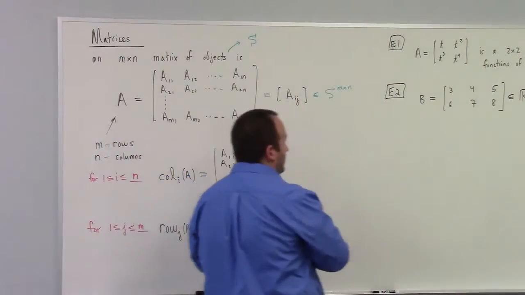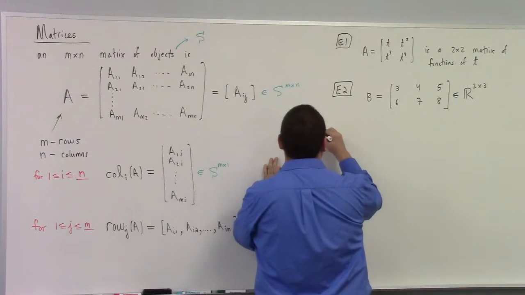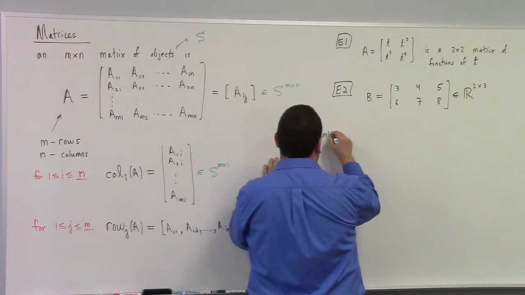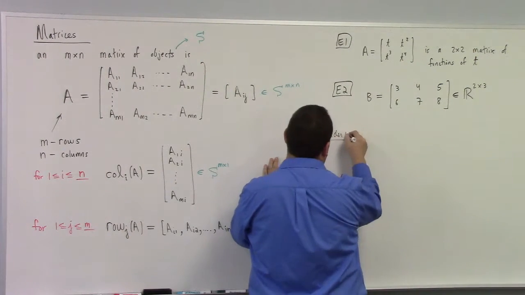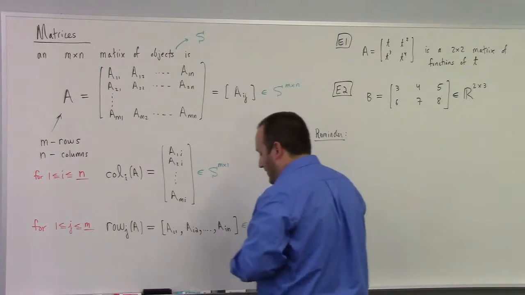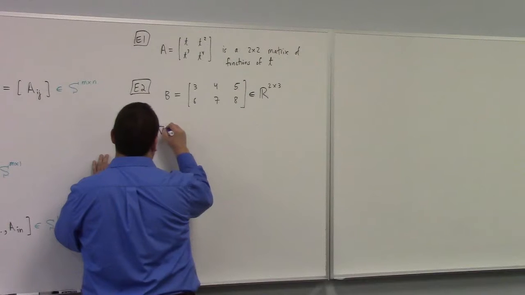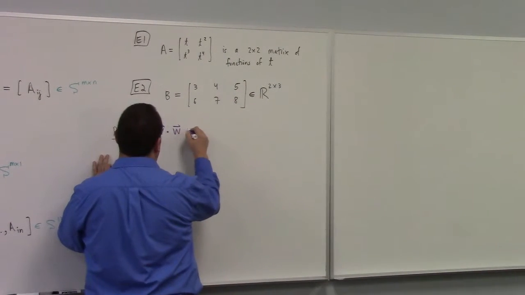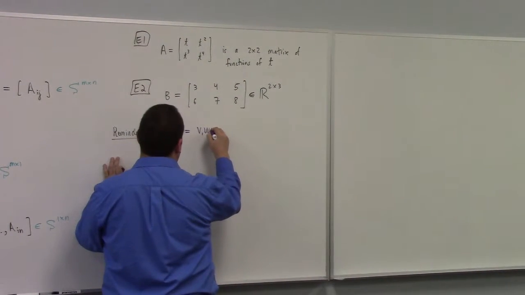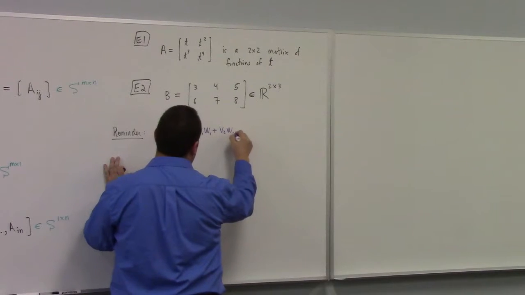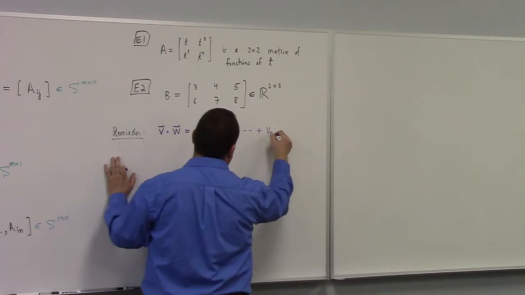So let me remind you something. You guys know how to take the dot product of vectors, right? So if you have vector v dot vector w, how's it go? It's v1 w1 plus v2 w2 plus da da da plus vn wn, right?